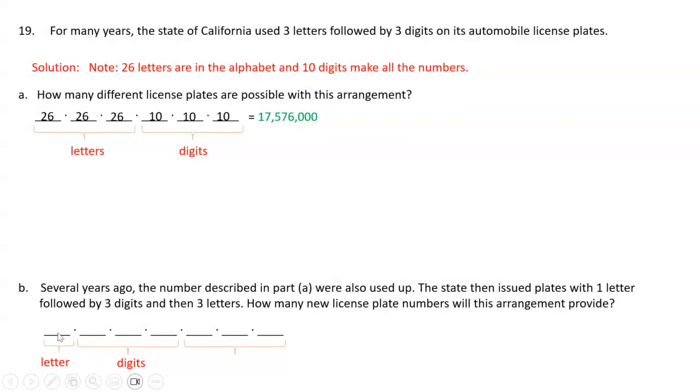So then this will be again 26, 10 times 10 times 10 because there's no restriction, and 26 times 26 times 26. Use your calculator. You're going to get something like 456,976,000. That's how many arrangements this can be done.